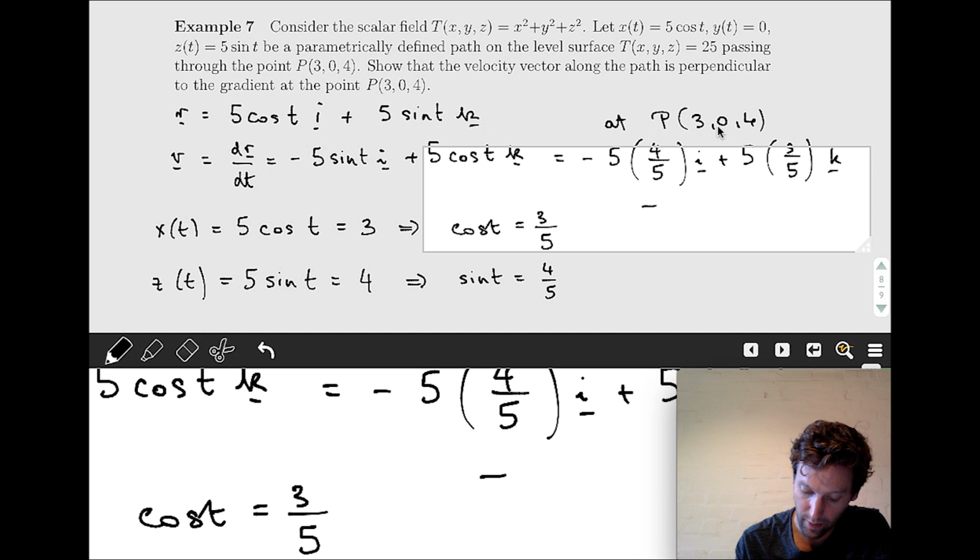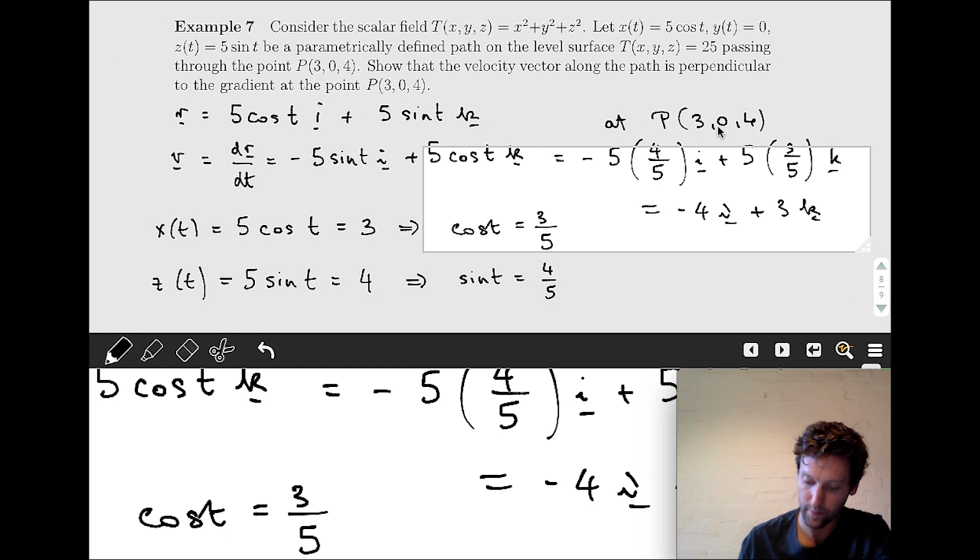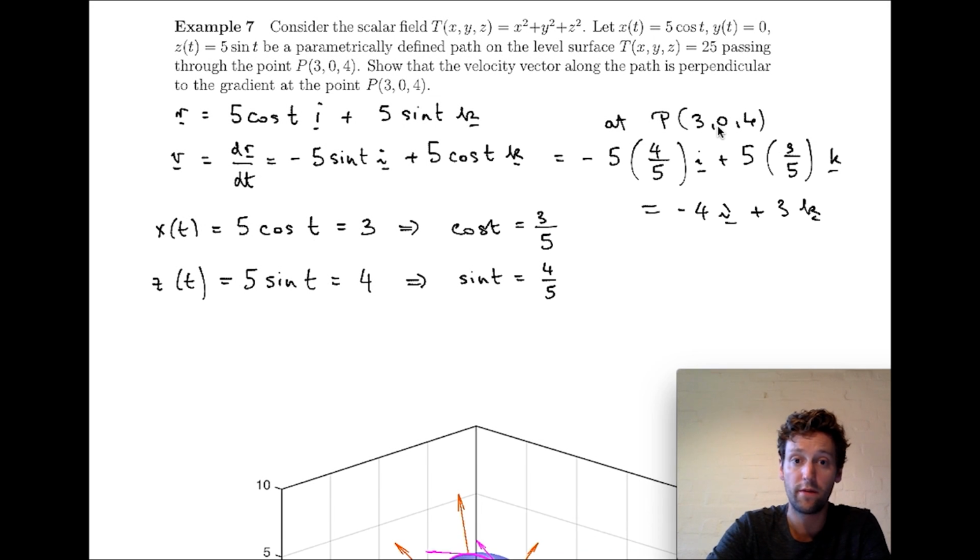So that's going to be equal to minus 4 i vector plus 3 k vector. So that tells us what my velocity vector is.